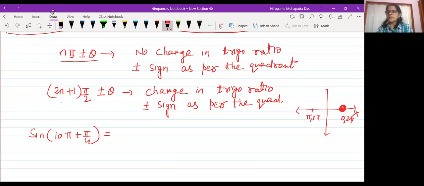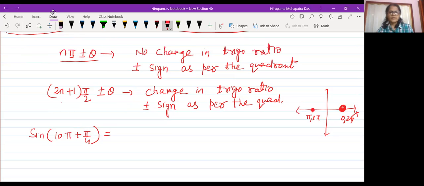So even multiples of pi. And whenever the angle is on the x-axis but left side of origin, the negative side of x-axis, here pi, 3 pi, like this. So here all odd multiples. So 10 pi will be lying here.